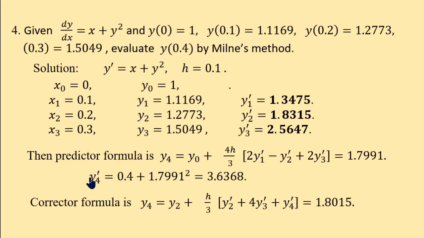You will get some value of y4 dash, that is substituted here. Again repeat this until you get the same value of y4 in the corrector formula. But in your syllabus, use the corrector formula only once, therefore stop the process. The answer is y at point 4 is 1.8015. This is how we can solve the first order differential equation by Milne's method.